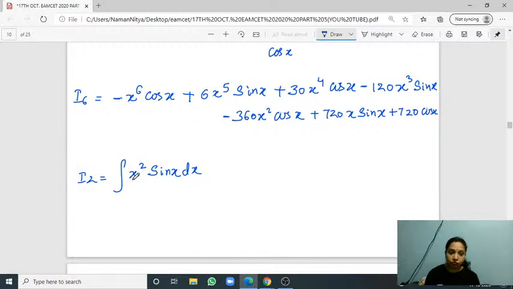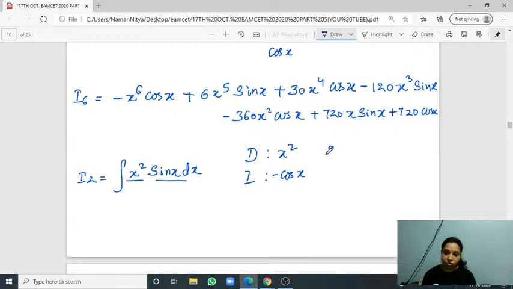Again, your first function is x square, second function is sin x. So differentiation of first function, integration of second function. You keep the first function as it is and do the integration of second function. So what is the integration of sin x? Definitely it will be minus cos x.